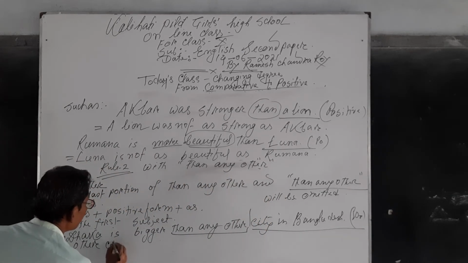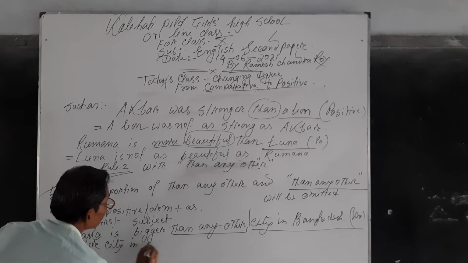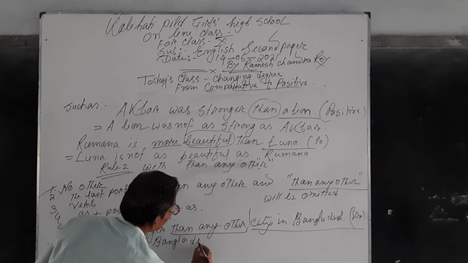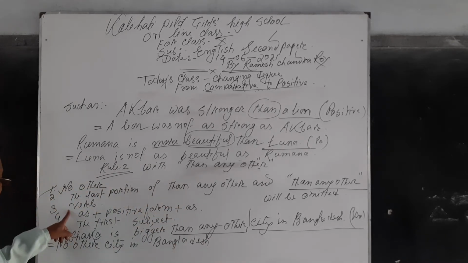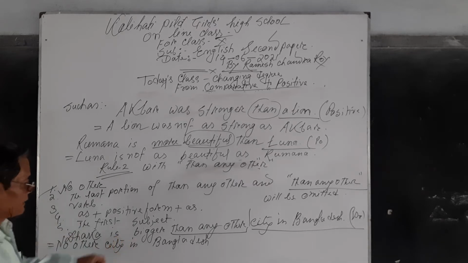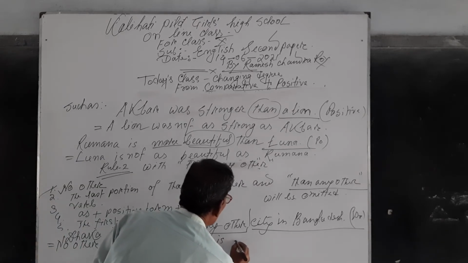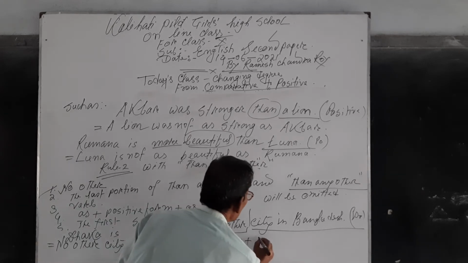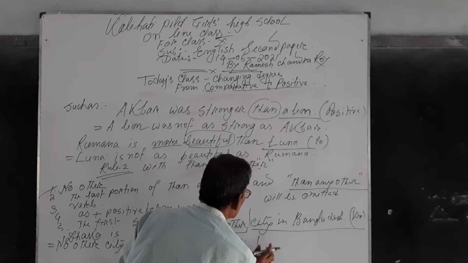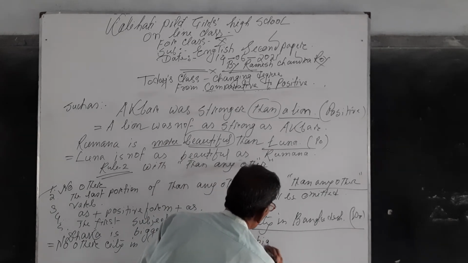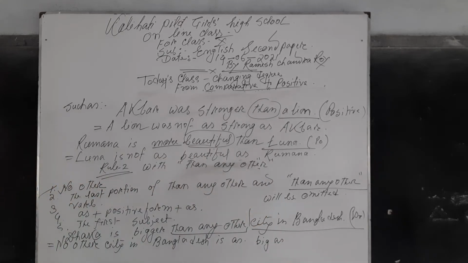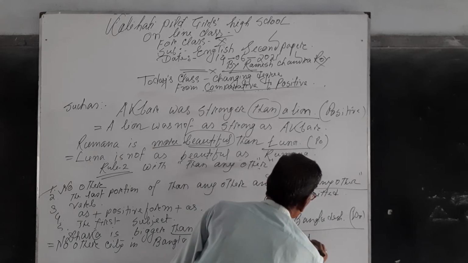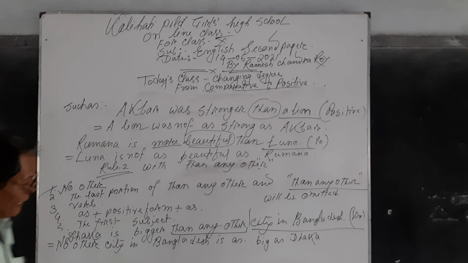The verb here is, as plus positive form of bigger, big, as big as, the first subject Dhaka. Okay?